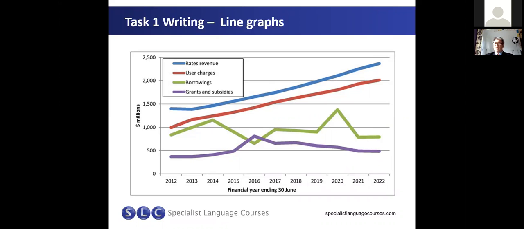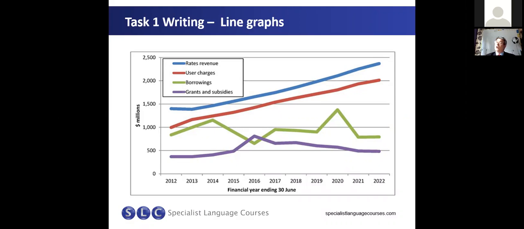Borrowings, however, are much more up and down, or variable. There are fluctuations in this one. We can see what looks like a mountain, and in fact we call it a peak. So there's a peak in 2020, so that would be predicted. We cannot know that yet, but from information they have on hand, this is their best idea for what 2020 will look like.